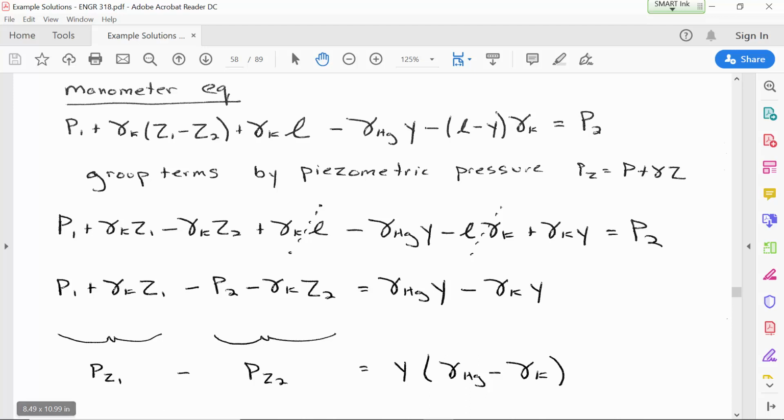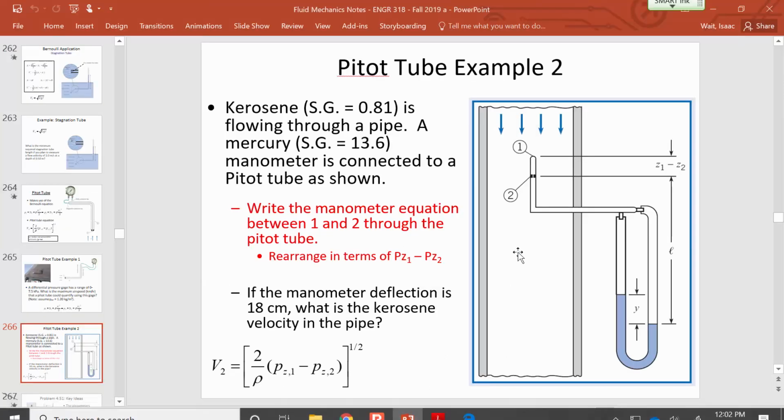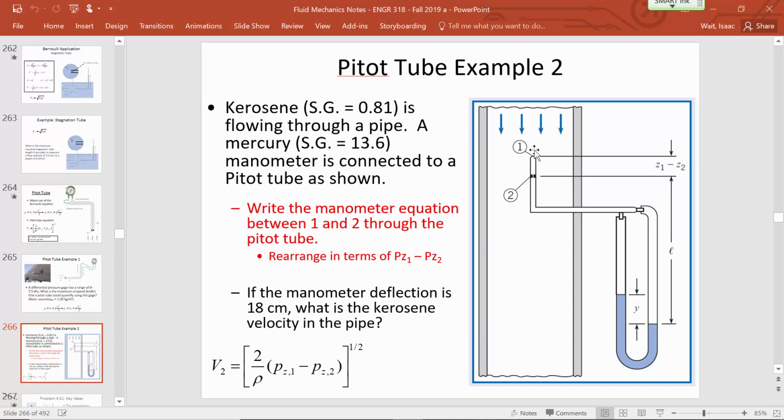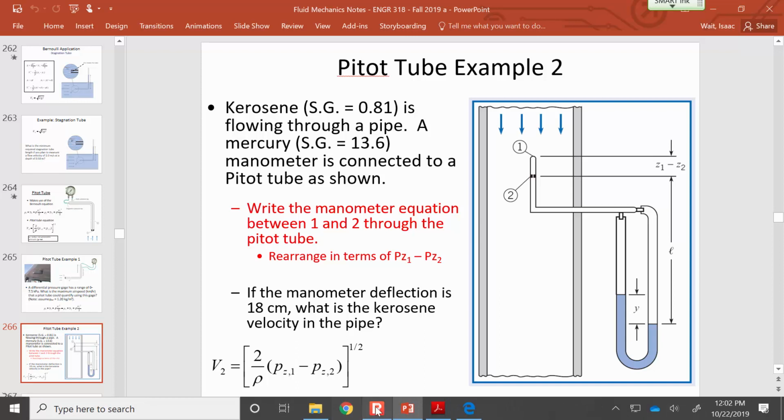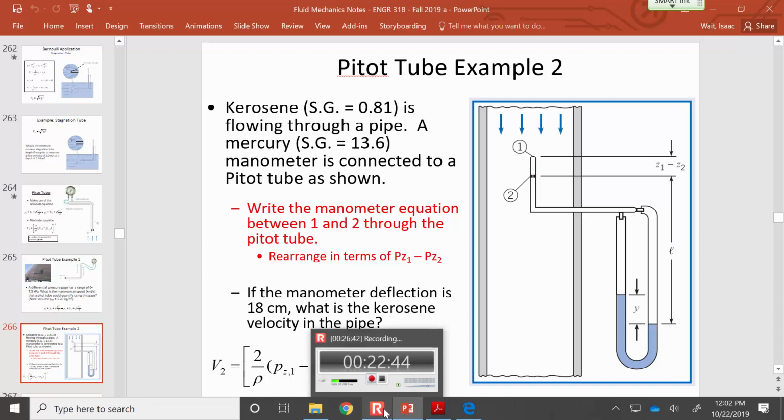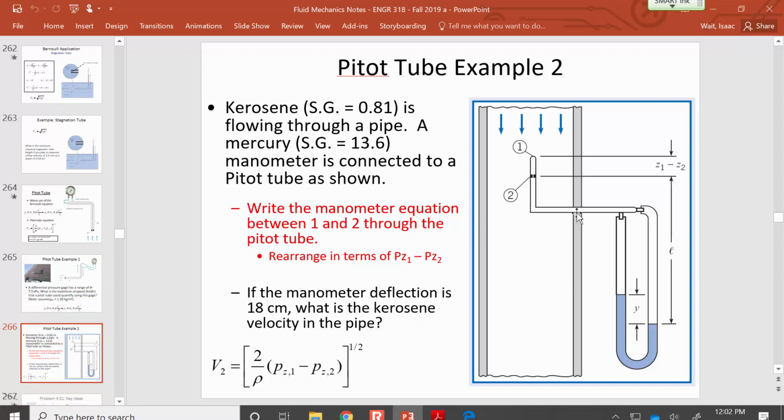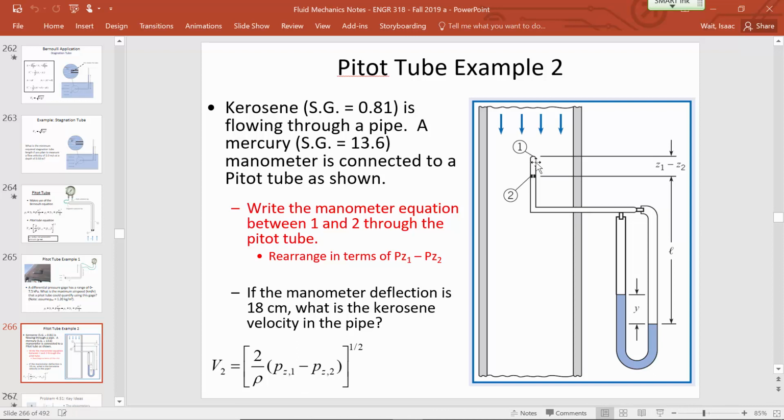So how does that relate to this case? Well, if we think about the difference in pressure between location 1 and location 2, even though they are close together, we've kept track of the z's when deriving the manometer equation from the hydrostatic equation. We can keep track of the difference in elevation between 1 and 2, and that's accounted for by what the manometer is measuring.